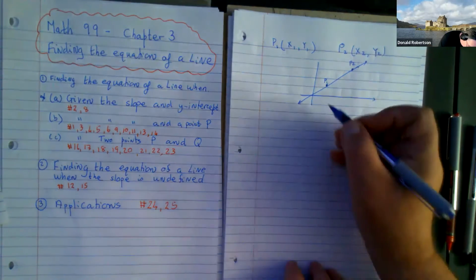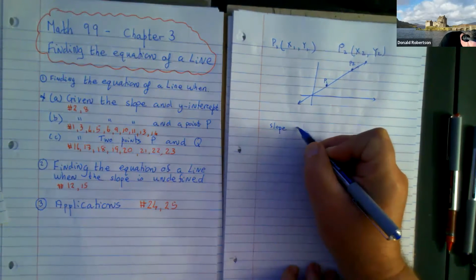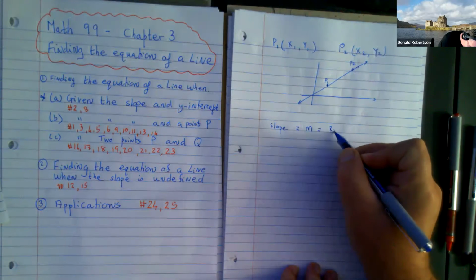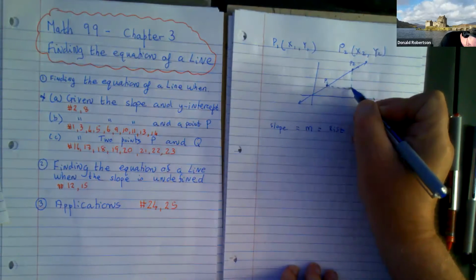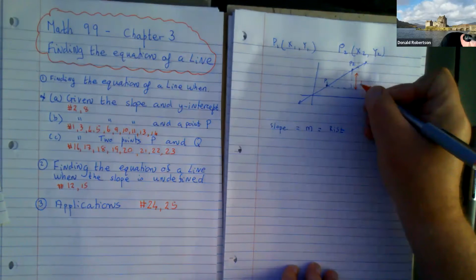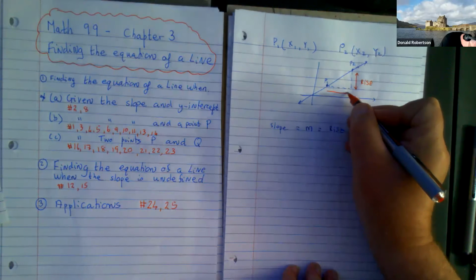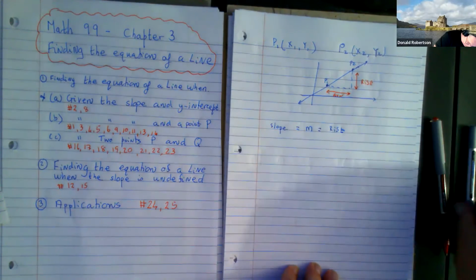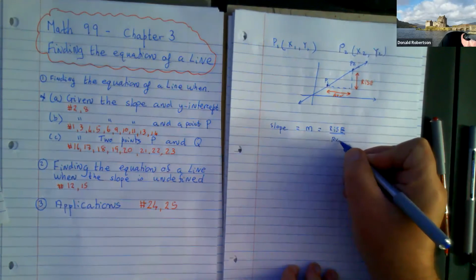Well, let's find the slope joining 2 points. The slope of a line is called m, and it's basically the rise, measured along a dotted line. It's this distance here, which is called the rise, divided by this distance here, which is called the run. So I have a rise over the run.